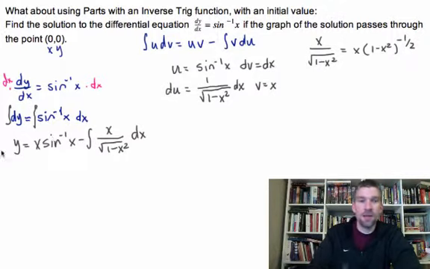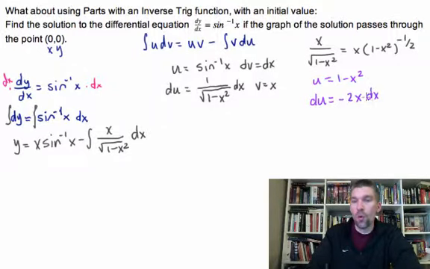So if I let u equal 1 minus x squared, du is going to be negative 2x dx. And so what I need, I've got x dx. So I'm just going to move this 2 over and have negative 1/2 du equals x dx.